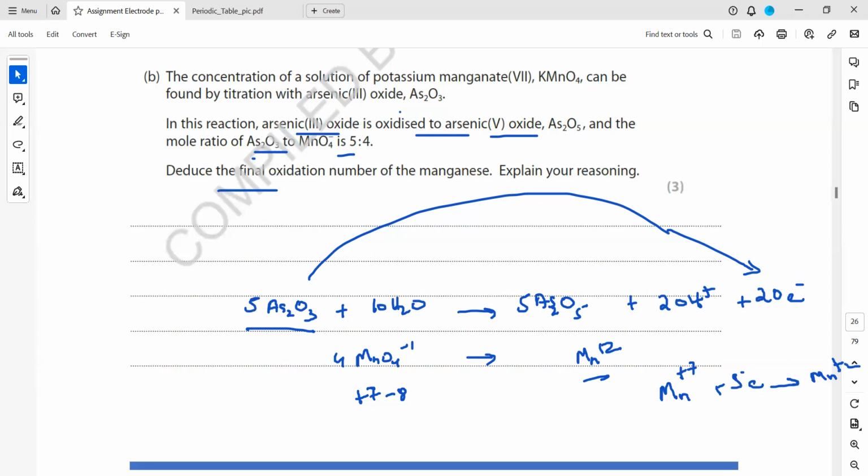Because the reasoning is that 5 arsenic lose 20 electrons. So the 20 electrons, 4 Mn will gain 20 electrons. As I mentioned, the ratio between them is 5:4. So when they gain 20 electrons, each will gain 5. So when Mn is +7 and each gains 5 electrons, the final oxidation number will be +2.